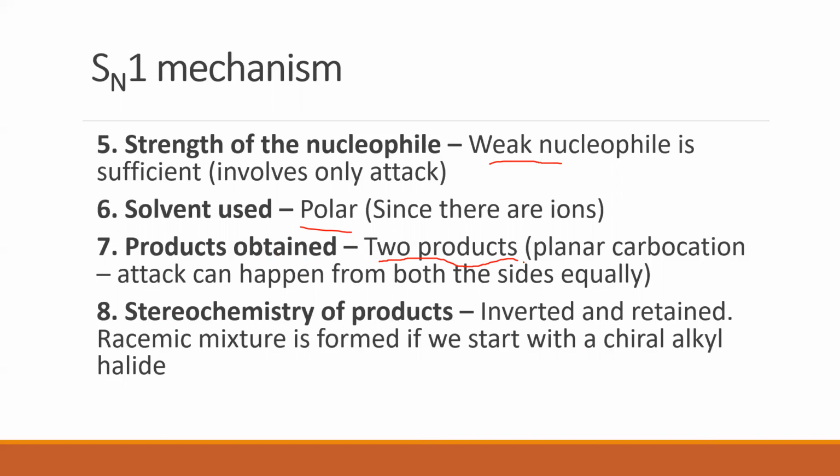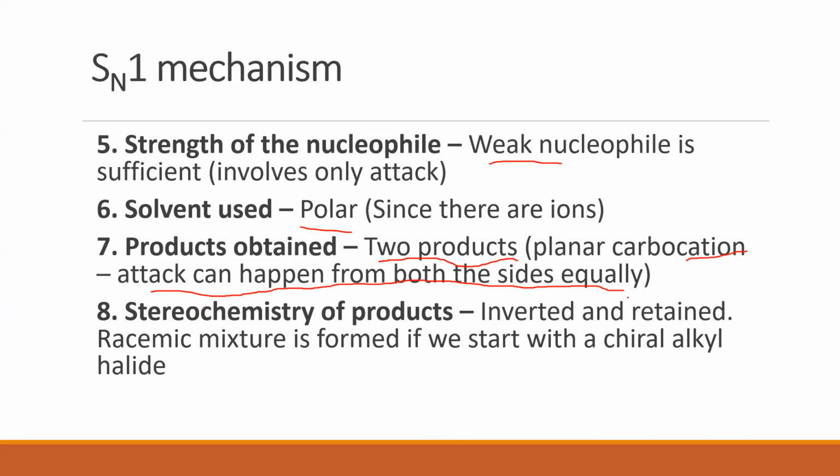And we said why that is formed. That's because a planar carbocation is obtained, and since it is planar, it allows attack from both sides equally, both the front side as well as the back side.